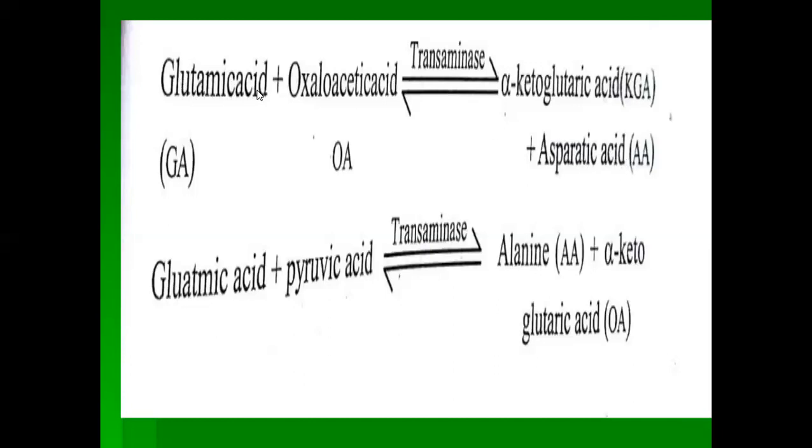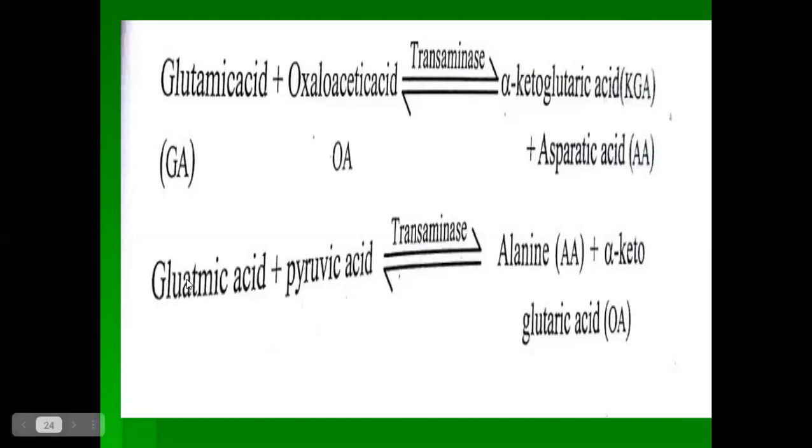The amino group is transferred in the presence of transaminase to synthesize aspartic acid from oxaloacetic acid. In the next reaction, glutamic acid combines with the 3-carbon pyruvic acid.